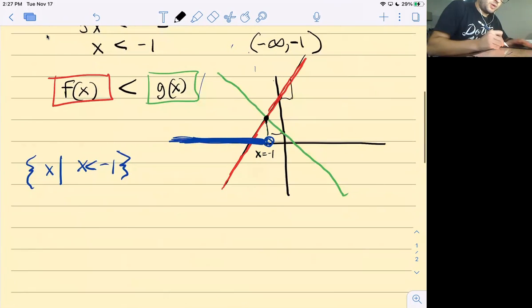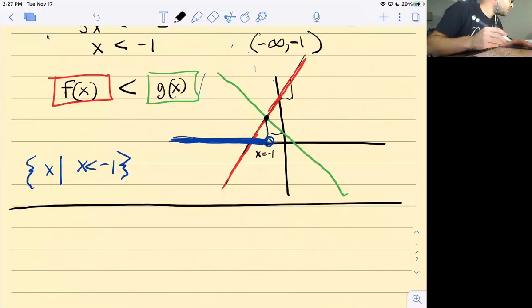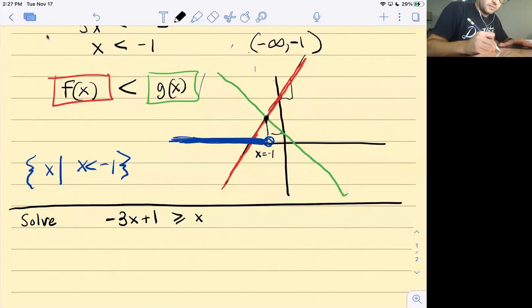This one you guys do on your own, and I'll wait a few minutes for you to give me the answer. Solve this one. You can solve it algebraically or graphically or both if you have time. Solve negative 3x plus 1 is greater than or equal to x minus 7. And just chat me the answer privately when you're done.